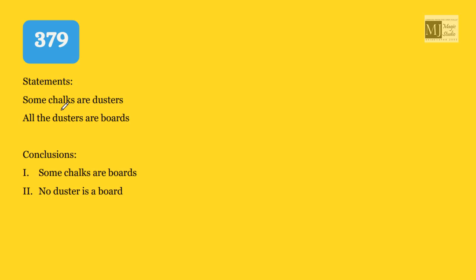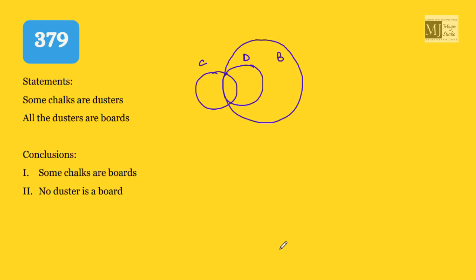Some chalks are dusters. So we have some chalks which are dusters. All the dusters are boards. Conclusion 1: some chalks are boards. Yes, there are some chalks which are also boards, in the common area.